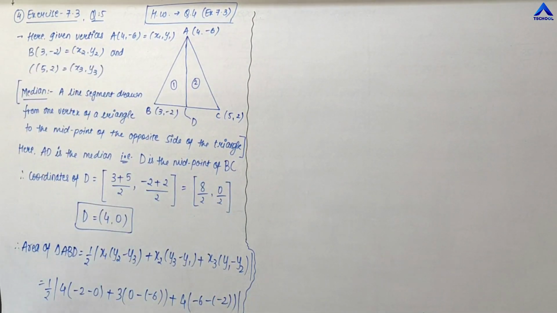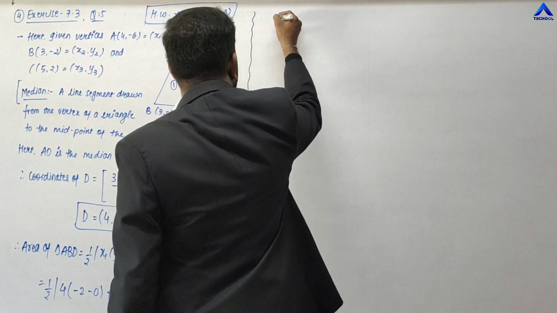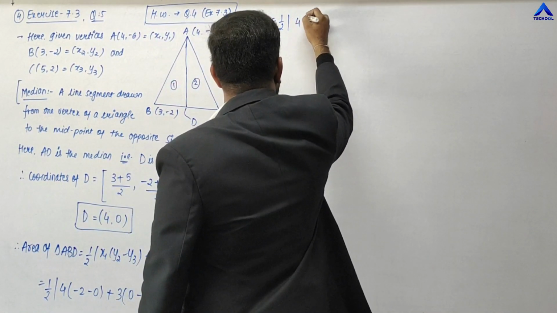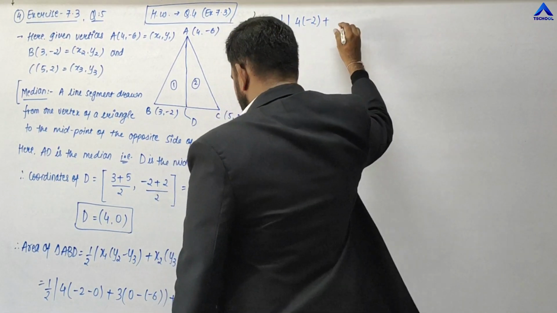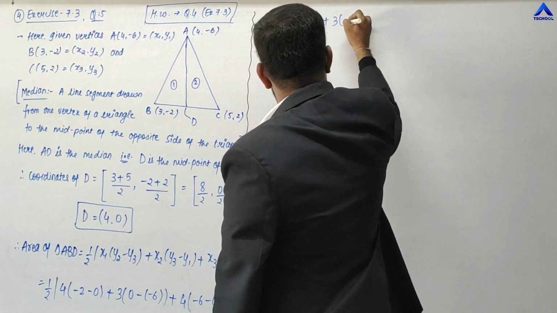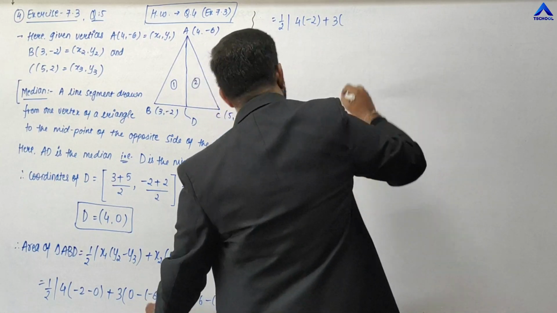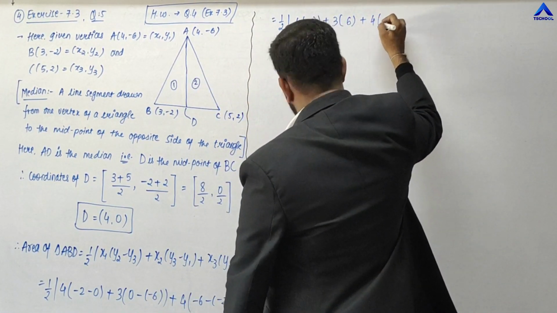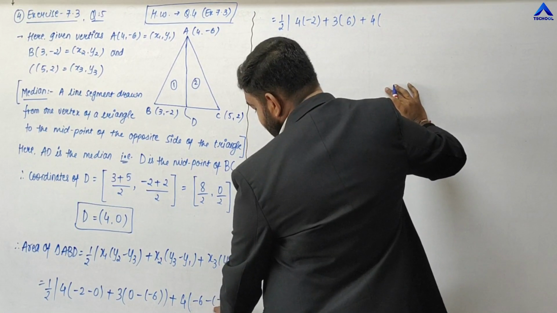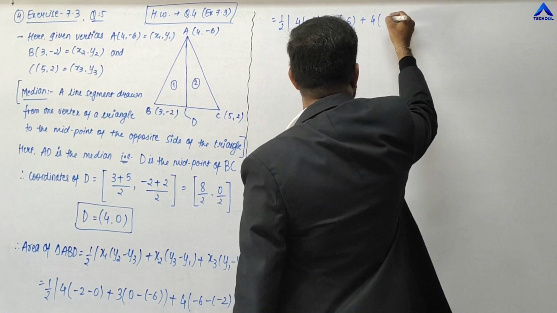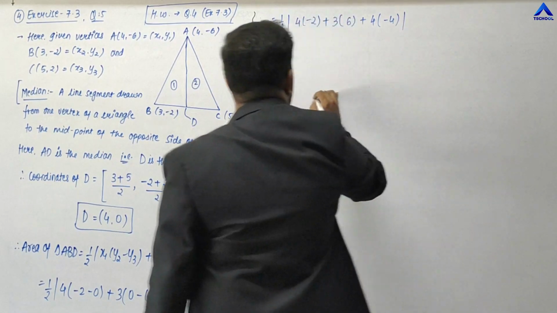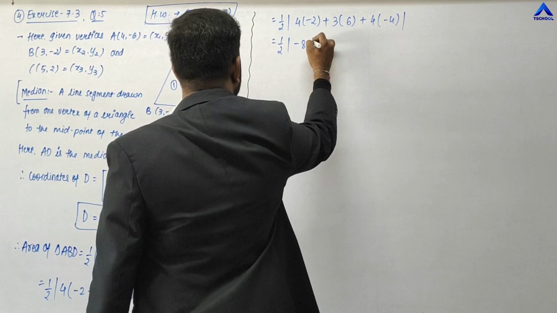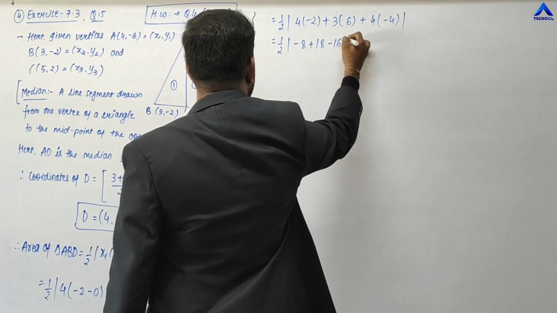Okay, so that is equal to half modulus 4 into minus 2 plus 3 into minus minus plus, so 0 plus 6, that is 6, plus 4 into minus 6 minus minus plus, so minus 6 plus 2, that is minus 4, which is equal to half modulus minus 8 plus 18 minus 16.